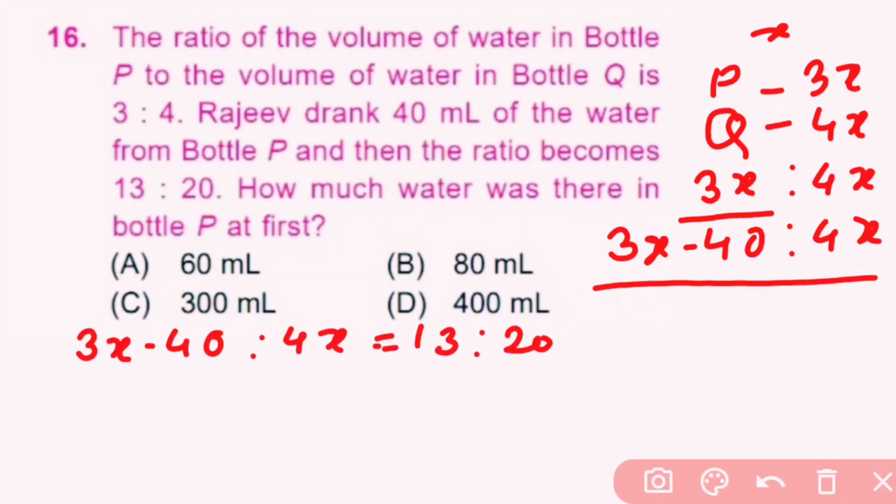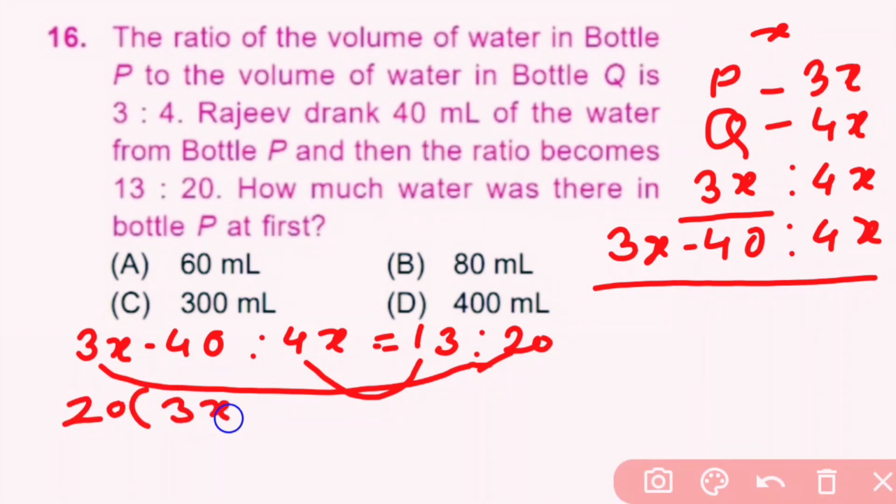Means now here the product of extremes equals the product of means: 20 into (3x minus 40) is equal to 4x into 13.